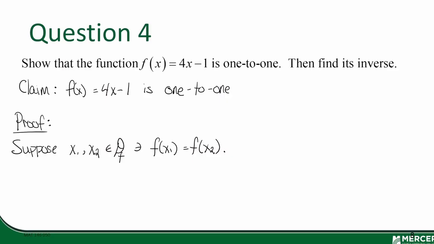What does that mean? Well, that means 4x1 minus 1 has to equal 4x2 minus 1. What we are now going to do is show that we get x1 equals x2. Solve it. Add 1 to both sides.